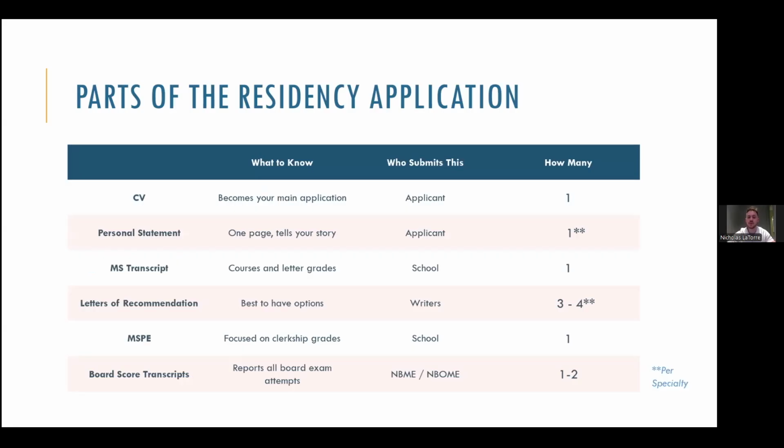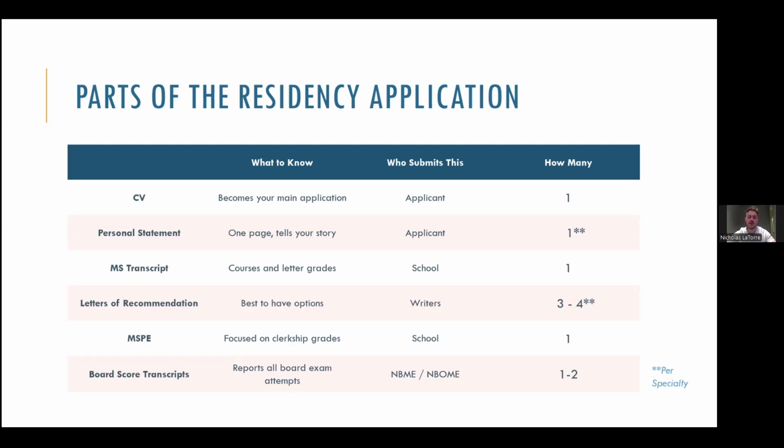As far as parts of the residency application, big picture, just to take that step back, the CV and letters of recommendation fit very much in here as part of all these pieces that go into your residency application. The CV really becomes your main application, and I might repeat at different parts that it isn't uploaded to your application.